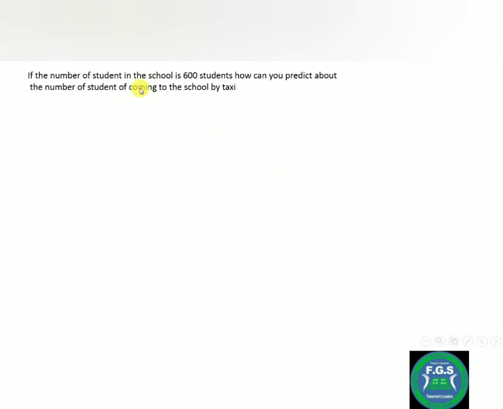If the number of students in the school is 600 students, how can we predict the number of students who come to school by taxi? Let's see the solution.